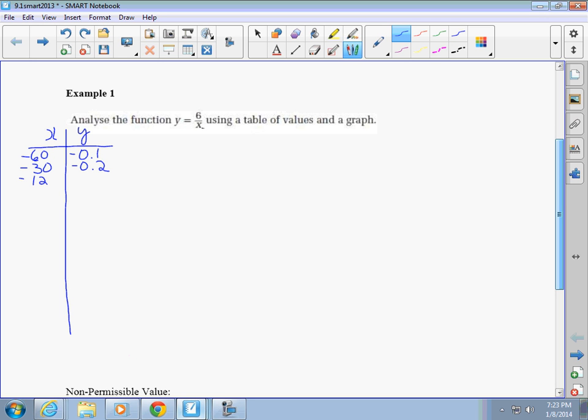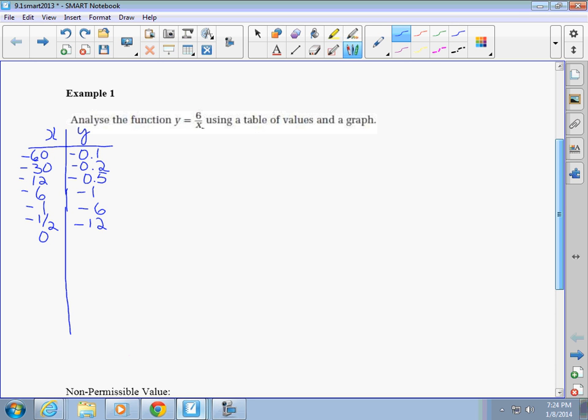So negative 12 would leave me with negative 0.5. Negative 6 would be negative 1. Sorry, not 0.1. Whoops, I put an equal sign and everything in there. Negative 1 would be a negative 6. Negative 1/2 is negative 12.